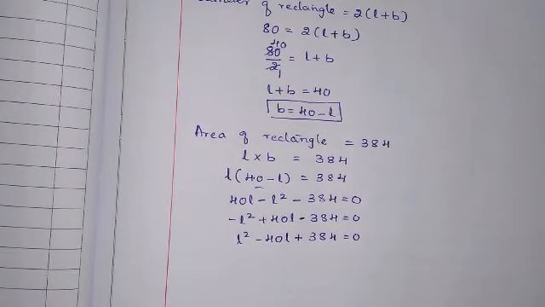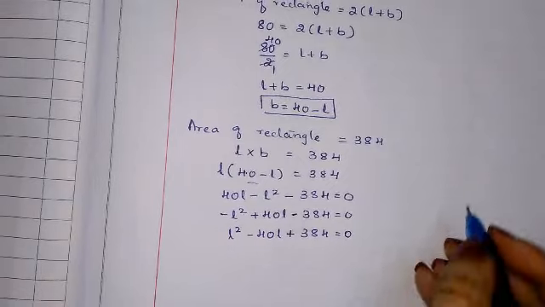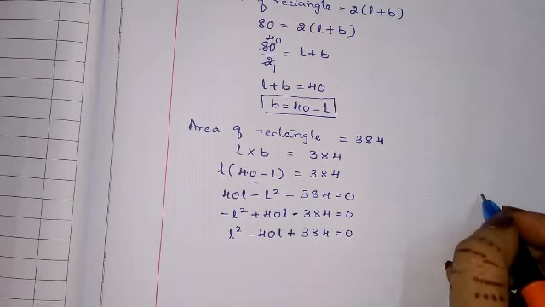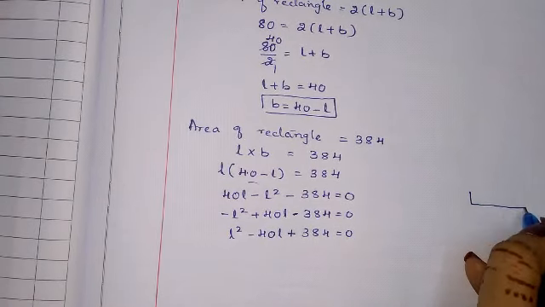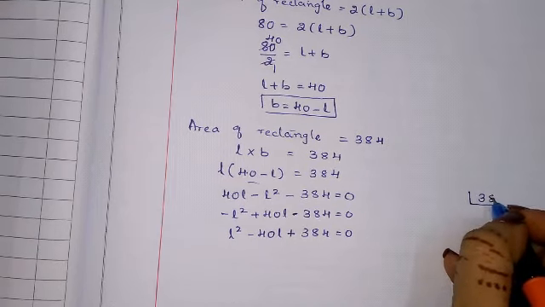Now let us find the factors. 384 is a bigger number, so directly we cannot find the factors.